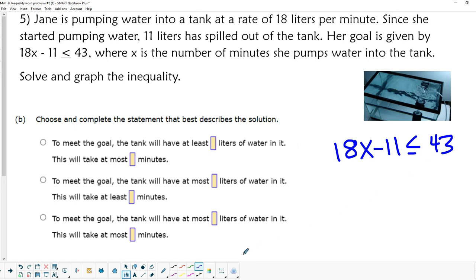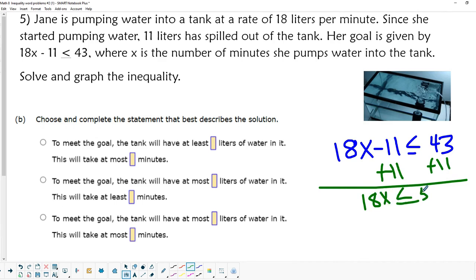So let's go ahead and add 11 to both sides. And that's going to give us 18x is less than or equal to 54. And when I divide by 18, I get x is less than or equal to 3, and that would be 3 minutes.